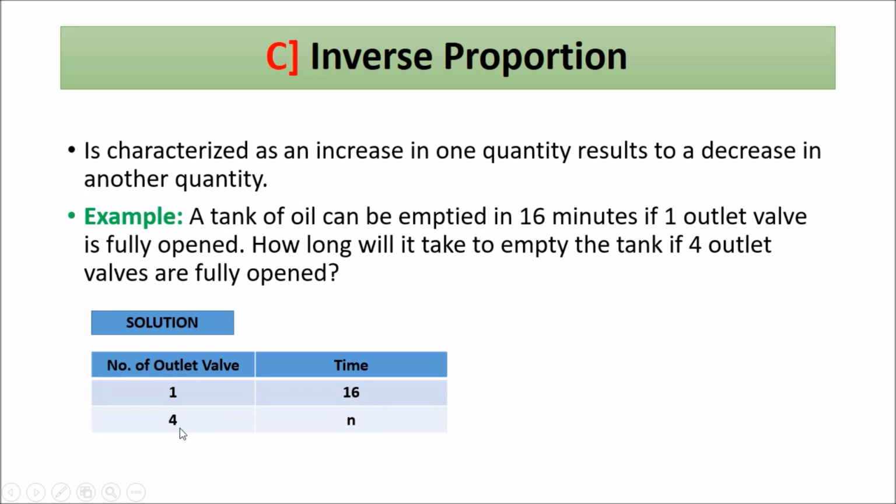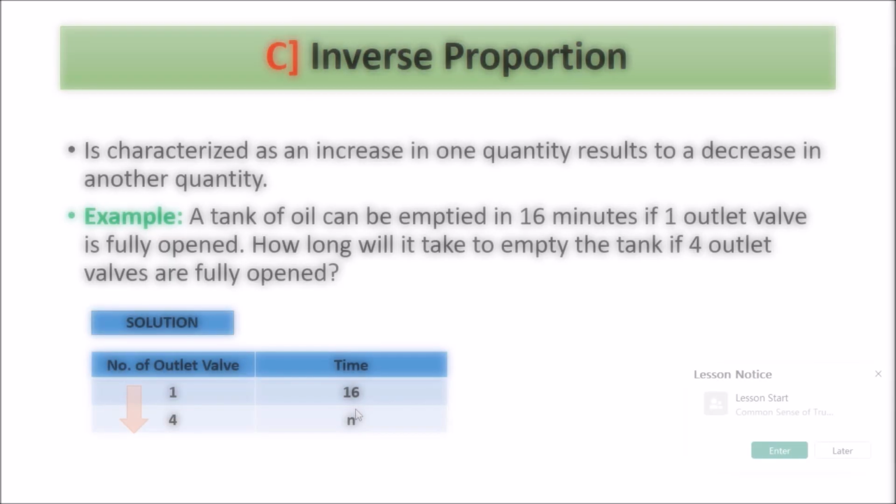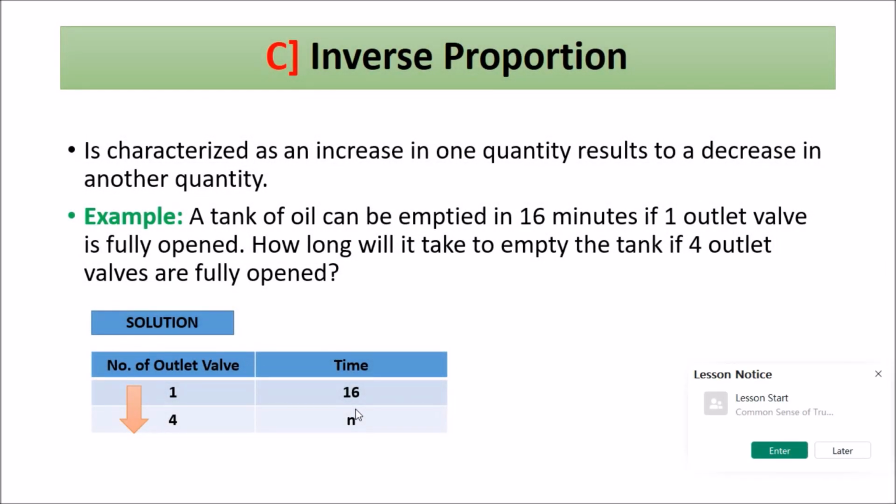And if 4 outlet valves are fully open, we don't know how many minutes it would take. And that is our unknown variable. More outlet valves open, it is expected that less time is consumed.